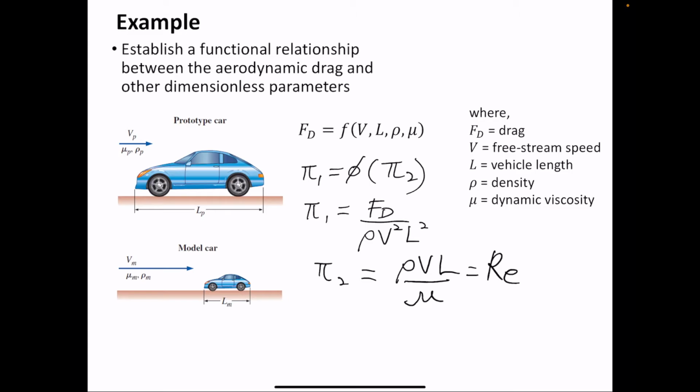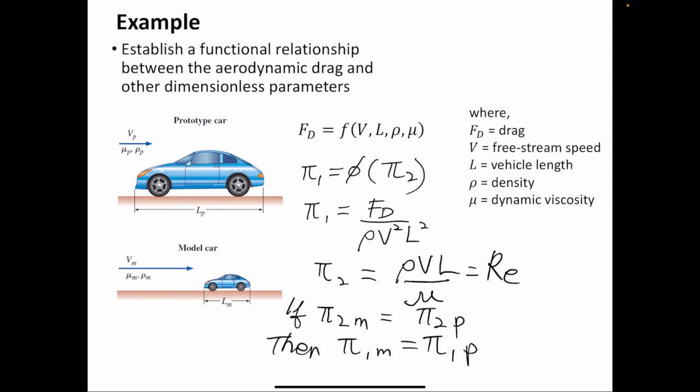So if pi 2 of the model matches the pi 2 of the prototype, then pi 1 of the model will match the pi 1 of the prototype. So this is the condition to achieve complete similarity.